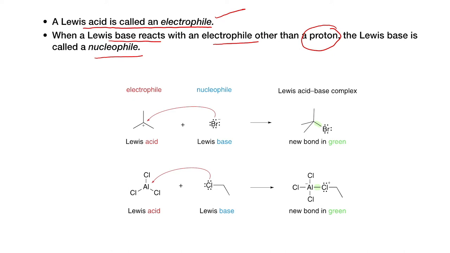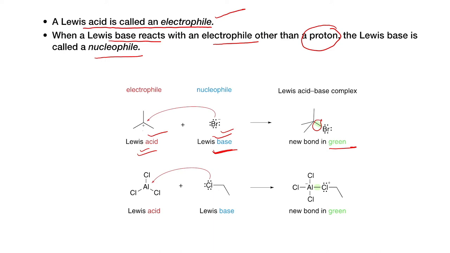Okay, so in this example you can see this is a Lewis base because it has an electron pair. This electron-rich species is reacting with a Lewis acid, which is electron deficient. Now you can see bromine is reacting with carbon, not a proton. So this is the nucleophile and this is the electrophile, and you can see the green color here, which indicates a new bond is formed.